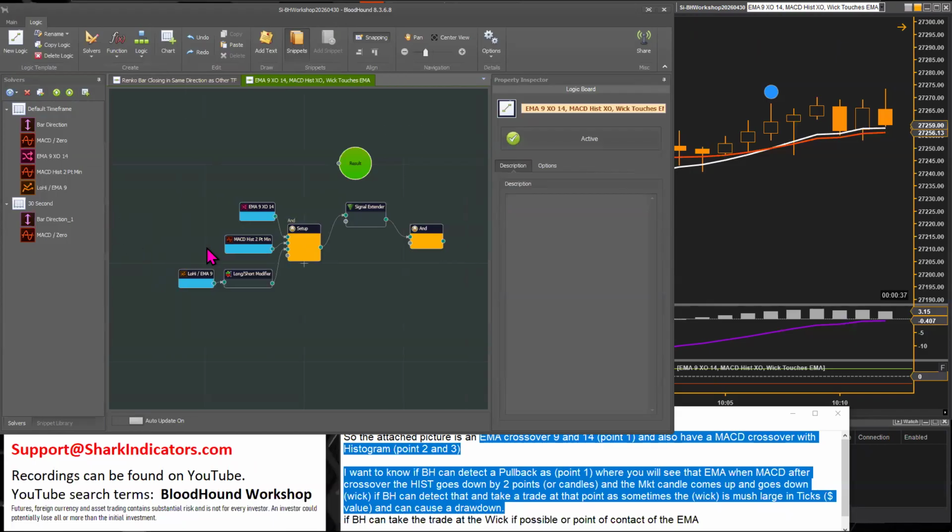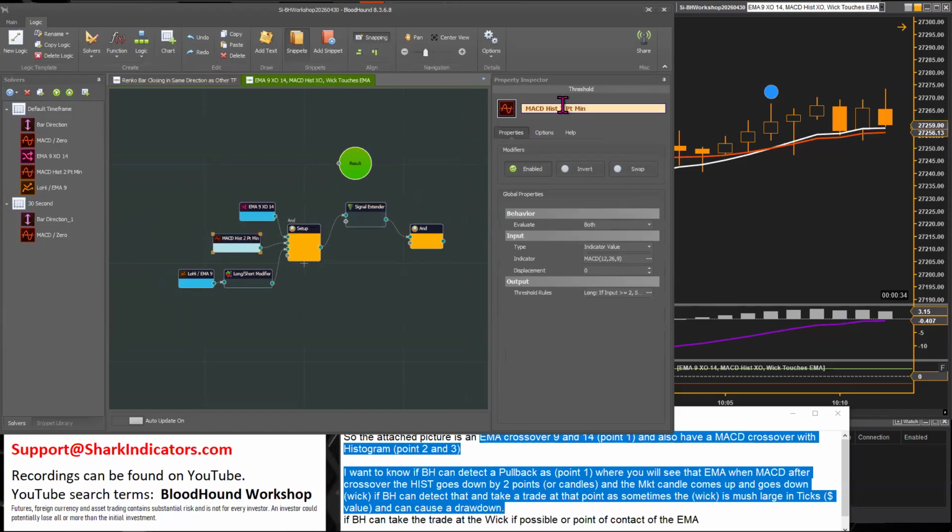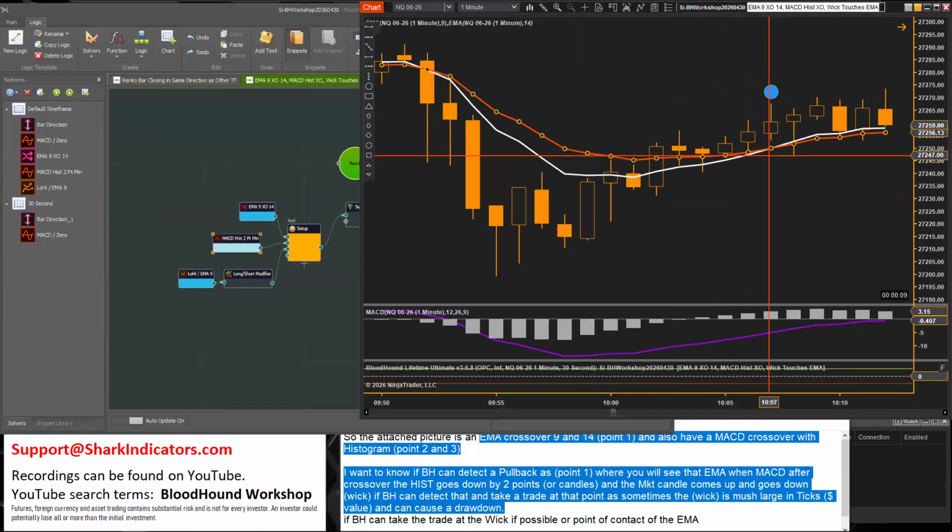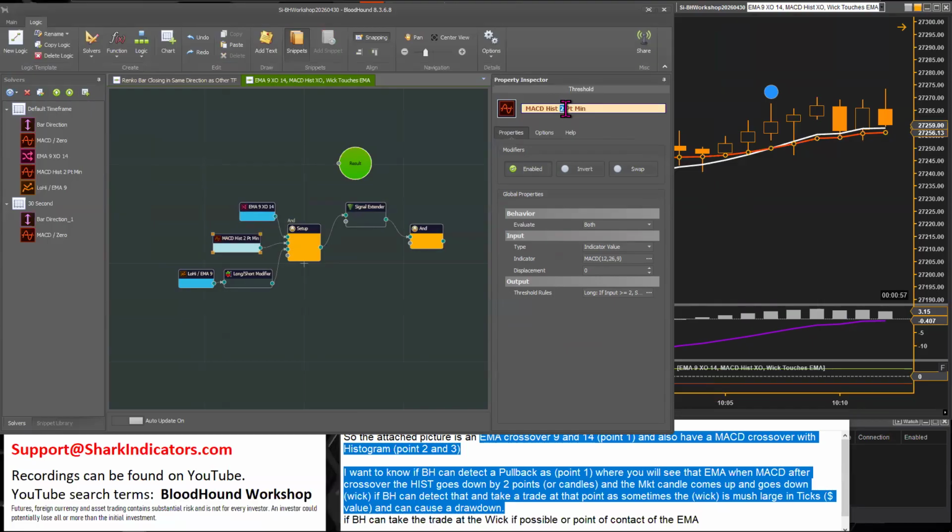All right. This threshold solver, looking for some kind of minimum value on the histogram, is good enough, and you can just increase or reduce that threshold value as necessary. So again, to summarize, if you change the periods of your EMA and your crossovers occur closer to the MACD histogram crossovers, then you're going to want to reduce this value.